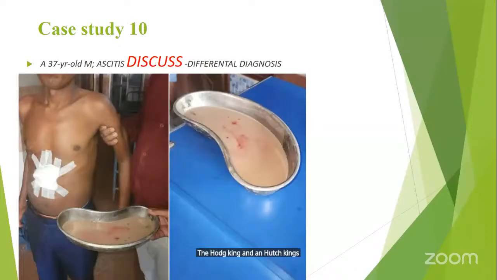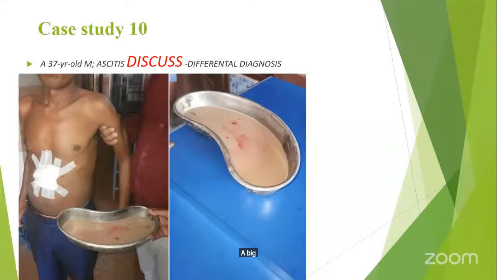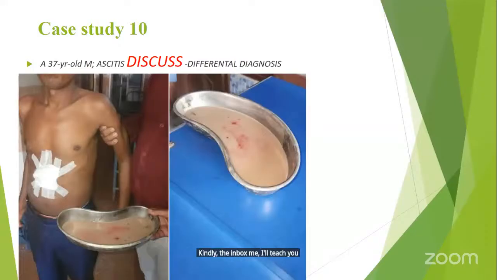Hodgkin lymphoma is characterized by the Reed-Sternberg cell, a big lymphocyte with a very beautiful double or three times nucleus, and it's specific. It's a big story, but on this forum, it might not make sense. Kindly inbox me, I'll teach you well on the difference between the two.